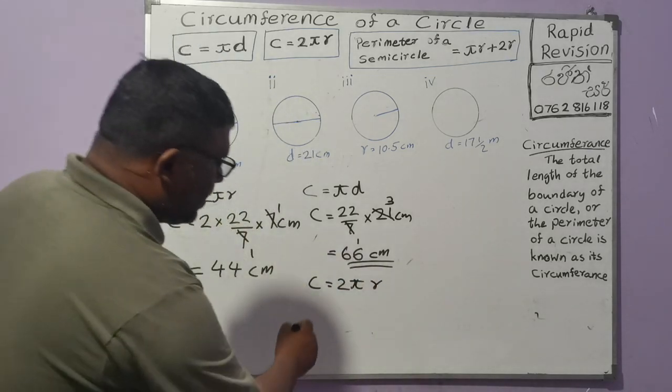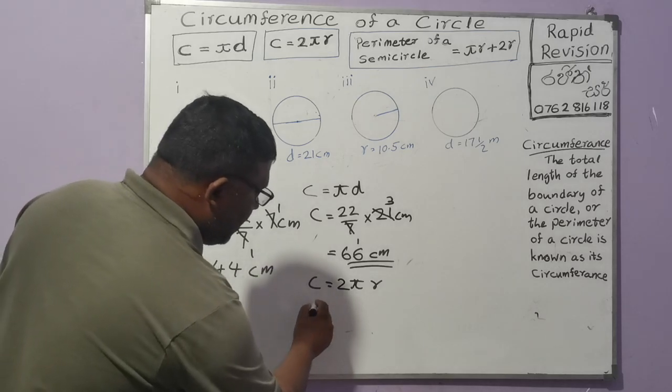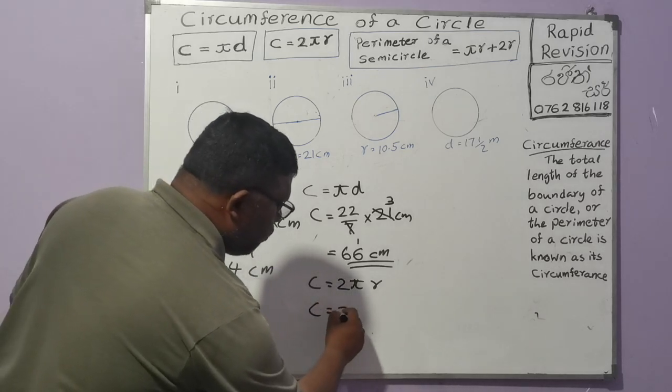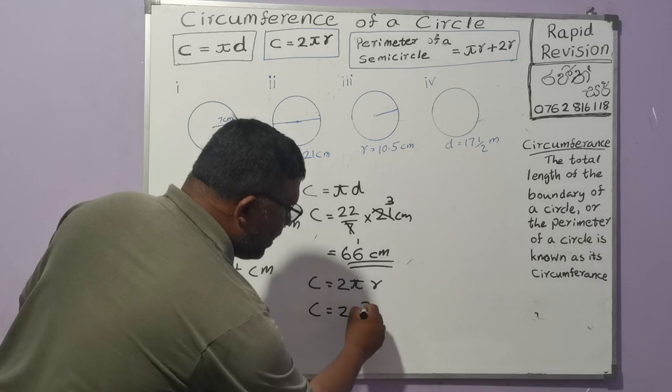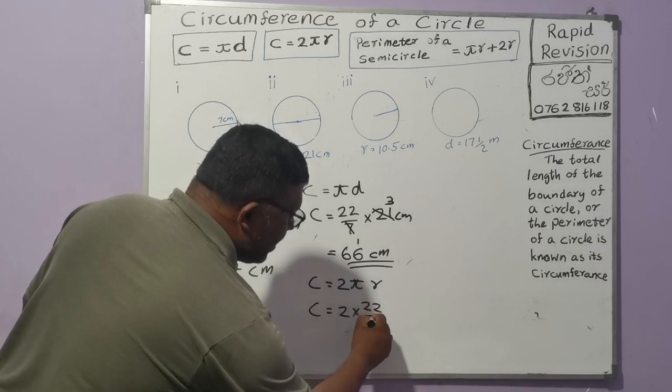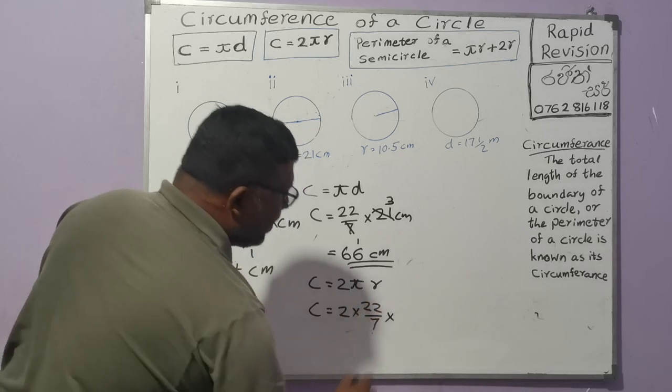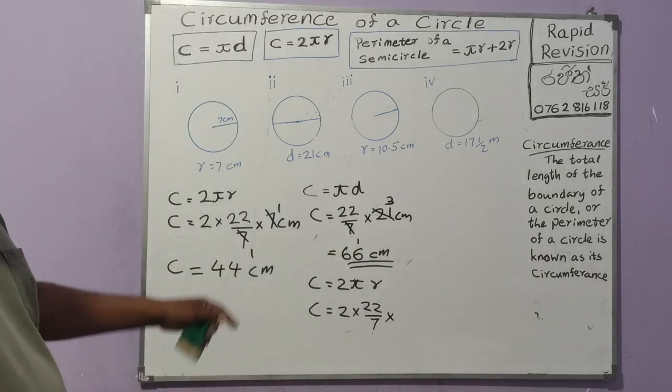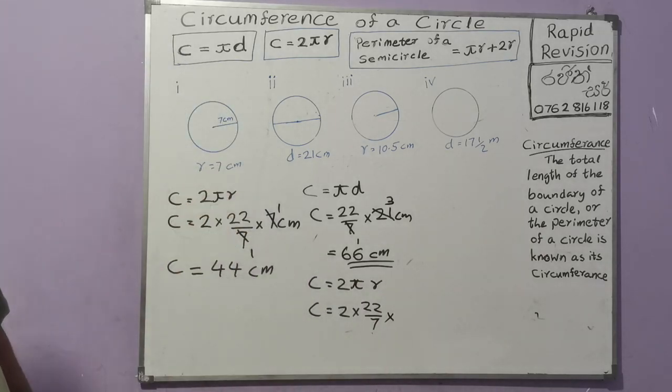Then C equals 2 multiplied by 22/7, and you have to find what r is.